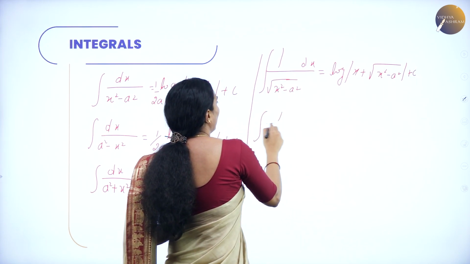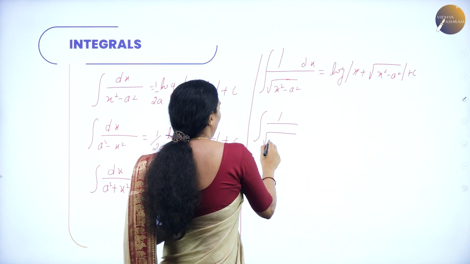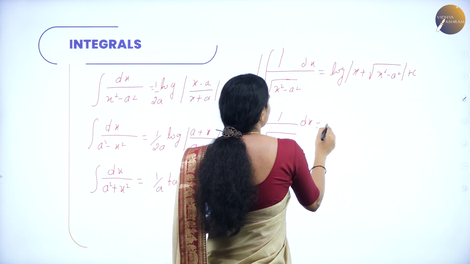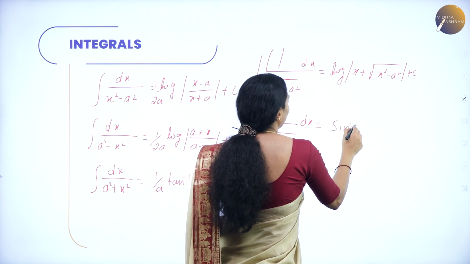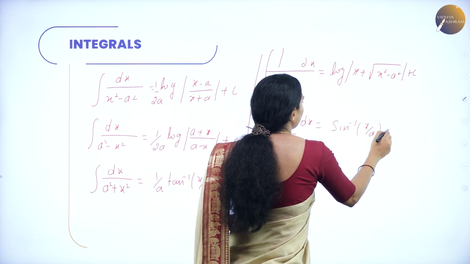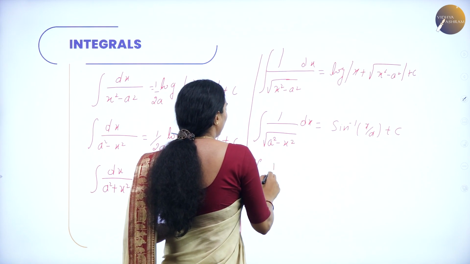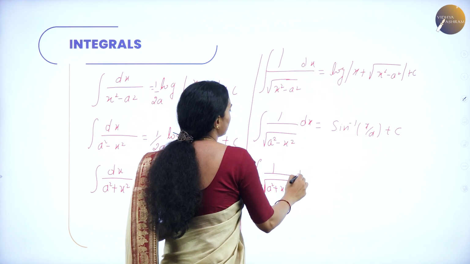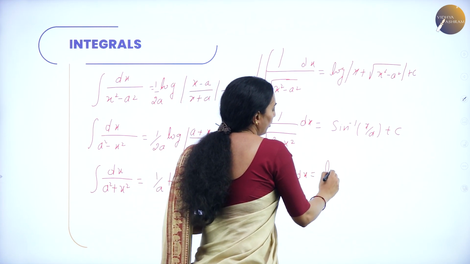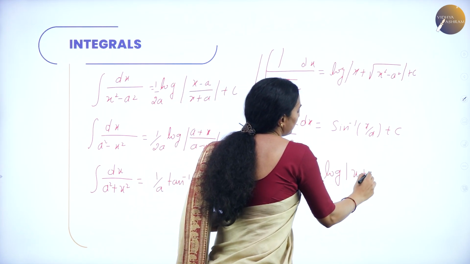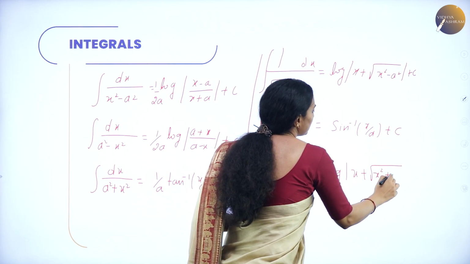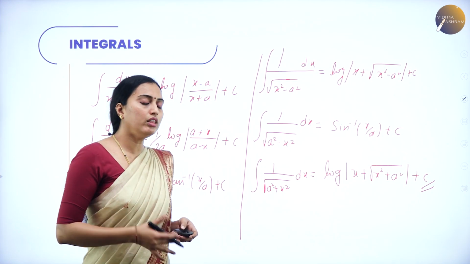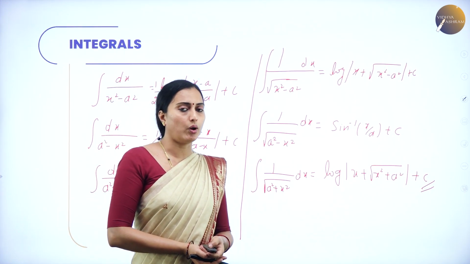So integral of 1 over under the root of a squared minus x squared into dx is given by sine inverse of x by a plus c, and then integral of 1 over under the root of a squared plus x squared or x squared plus a squared into dx is given by log of modulus of x plus under the root of x squared plus a squared or a squared plus x squared plus c. And these are all the formulae you need to remember to solve the problems.